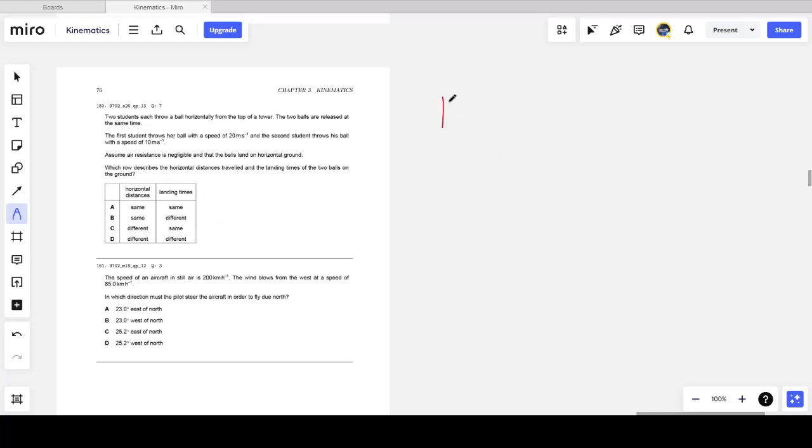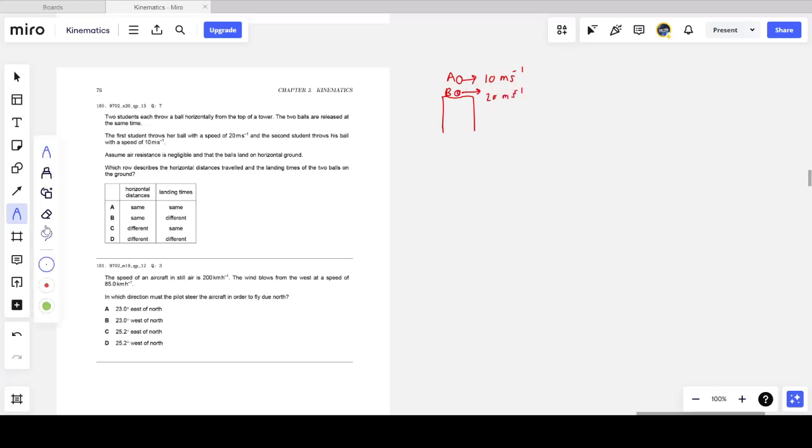Again, one of the probably less complicated questions that you'll find on kinematics. So I have student A throwing the ball at 10 meters per second, and student B throwing the ball with a greater velocity, 20 meters per second.